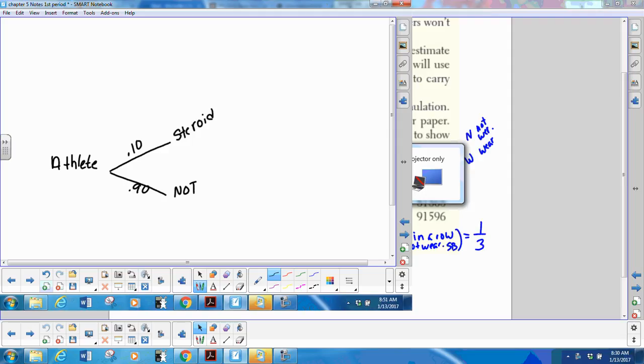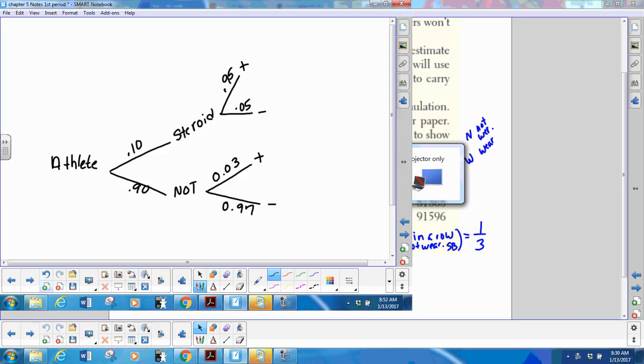Now, what else do we need to know? If you've actually done steroids, then there's a 95% chance they're going to catch you, and a 5% chance they're not. And if you haven't done steroids, there's a 3% chance that they're going to say you did, and a 97% chance that they're going to say you didn't. So far, so good.